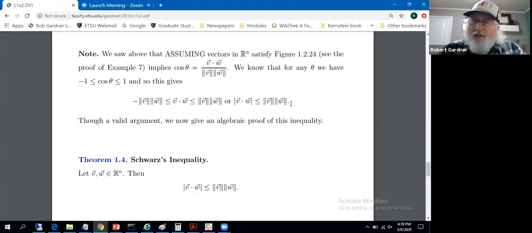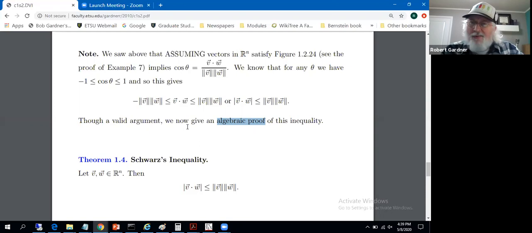So there's a geometric argument, making some assumptions that we can't validly make just yet. But this is true. We're about to establish it more algebraically, using properties of dot products and some unusual algebraic manipulations. We need to give a cleaner proof other than this proof based on a picture, which is arguably valid.